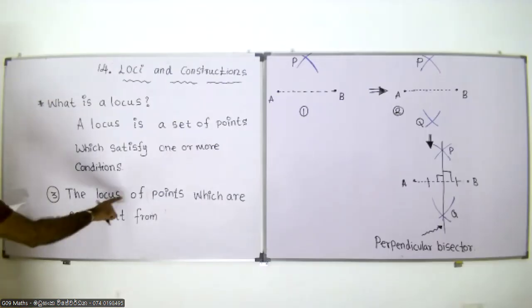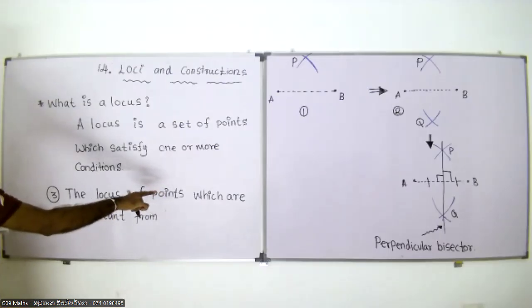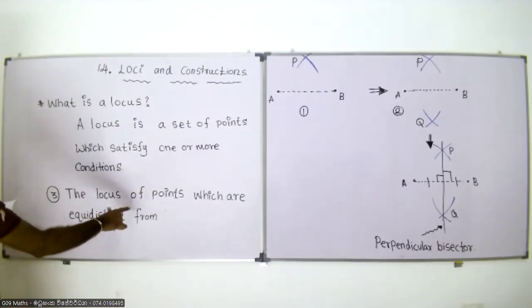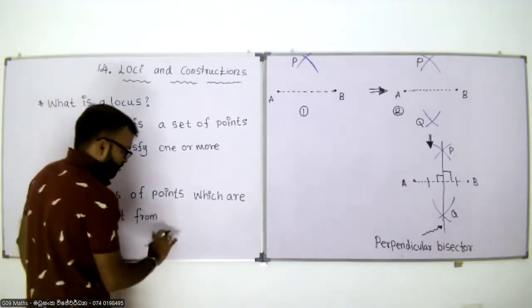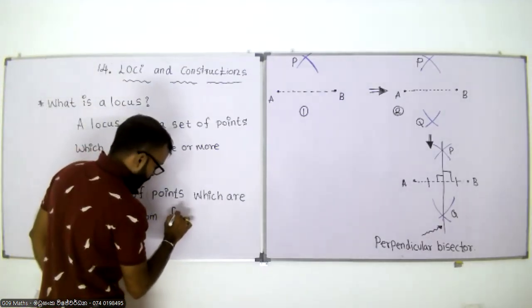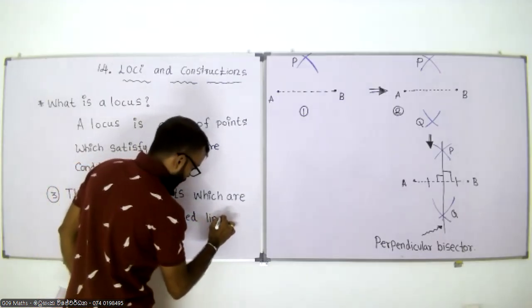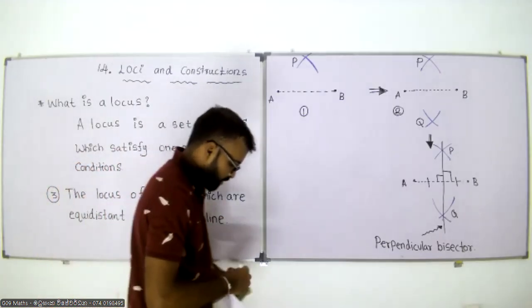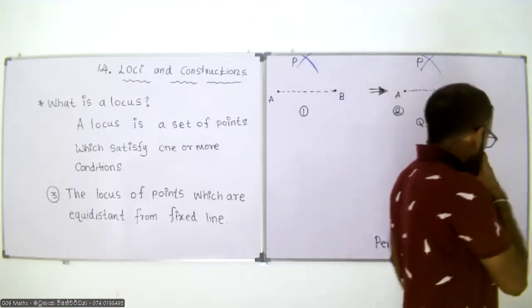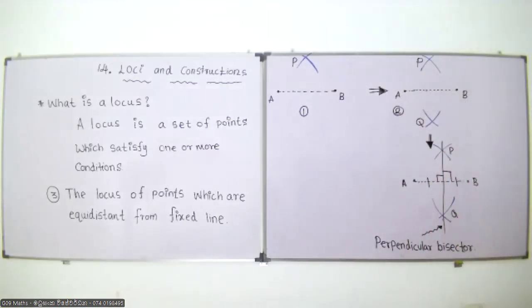The locus of points which are equidistant from a fixed line. Previously we had two fixed points. Now we have a fixed line.